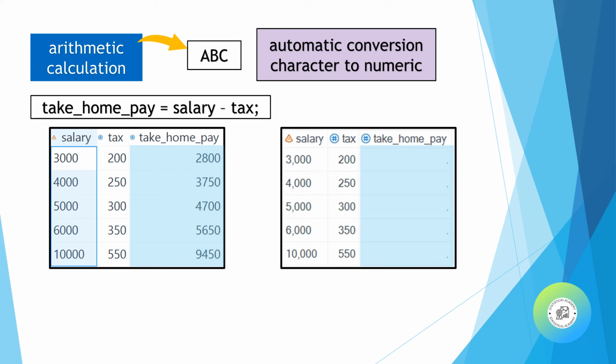But sometimes the automatic conversion doesn't work. The values here in this variable include commas, so they cannot be interpreted as standard numeric values. Instead, they're written as missing values in the automatic conversion process.